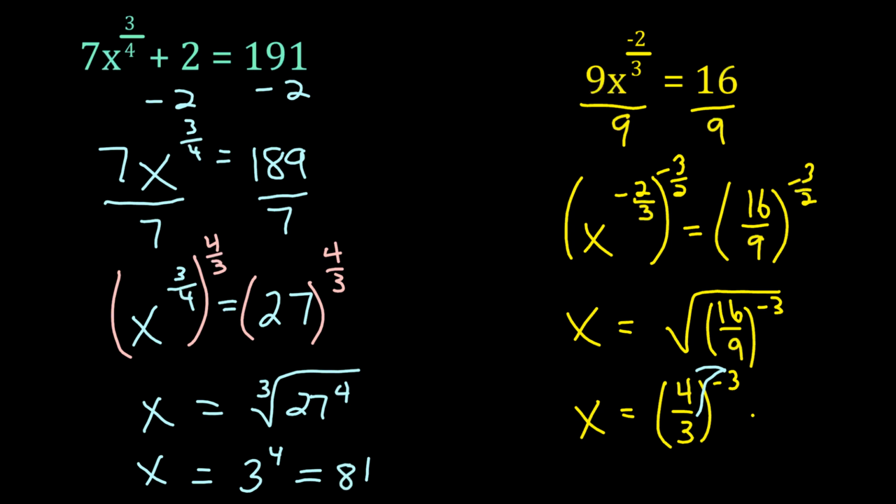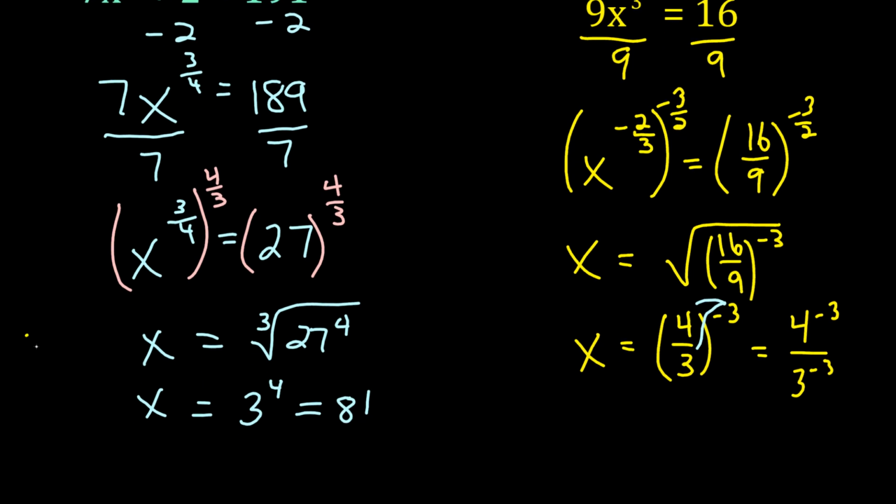And so this ends up being 4 to the negative 3 over 3 to the negative 3. And then another exponent rule we learned is, if you have a negative exponent, you just flip it to the top, or if it's in the top, you flip it to the bottom, only if it's a negative exponent. And so this ends up being x equals 3 to the third over 4 to the third.